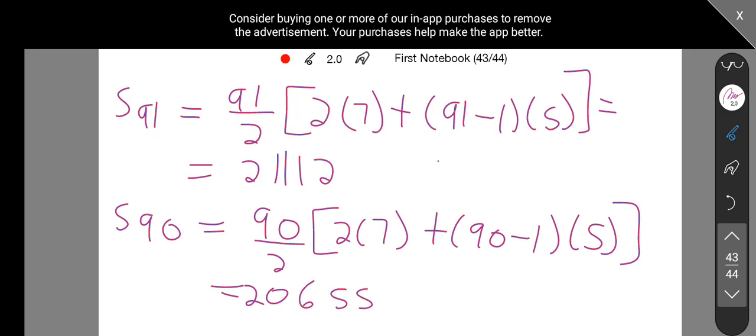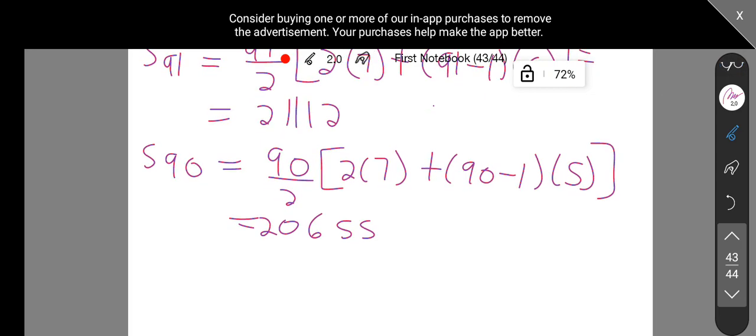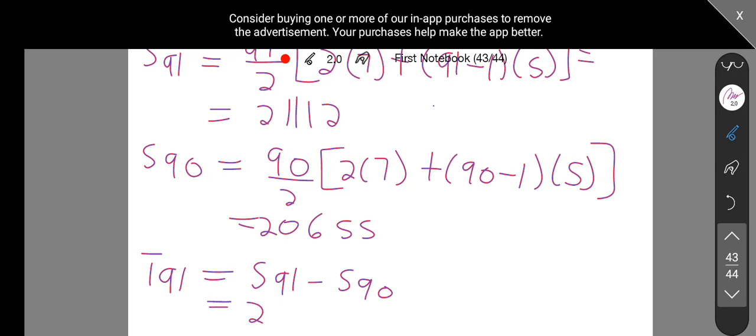20655. So to get the answer here, we can say that therefore we said that T91 is equal to S91 minus S90, and that is equal to 21112 minus 20655.